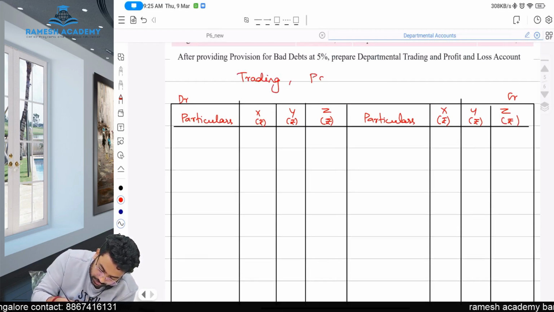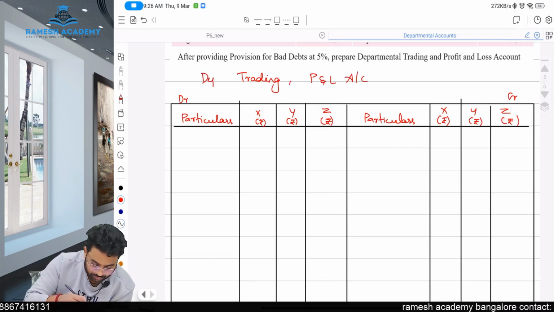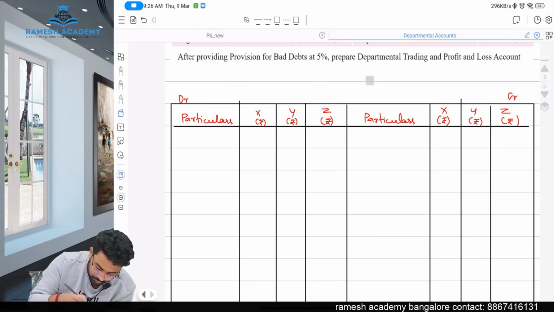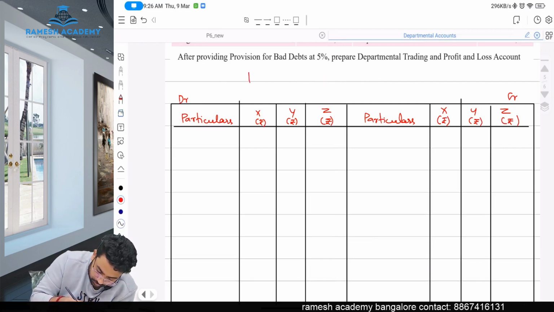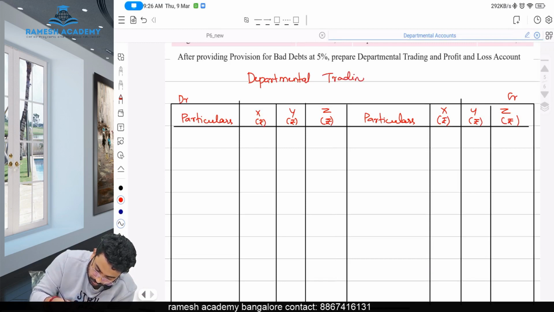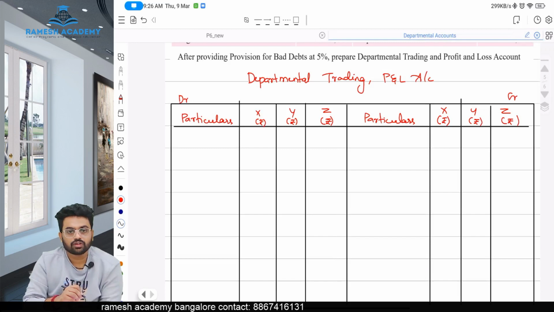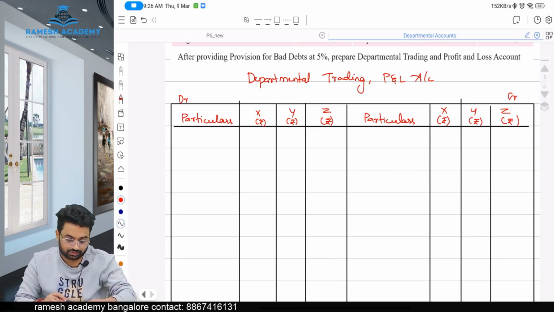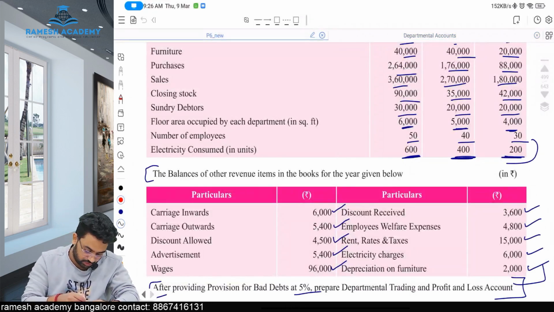Departmental trading P&L account. Yes sir, shall we start? Yes sir, we can start.